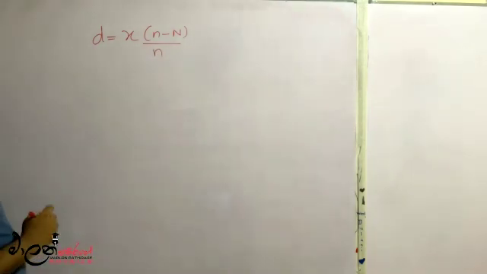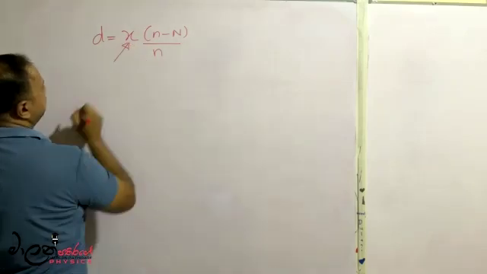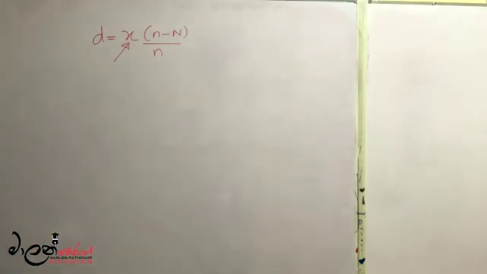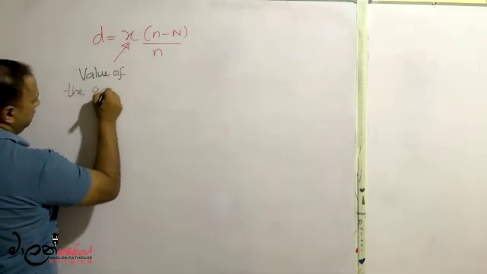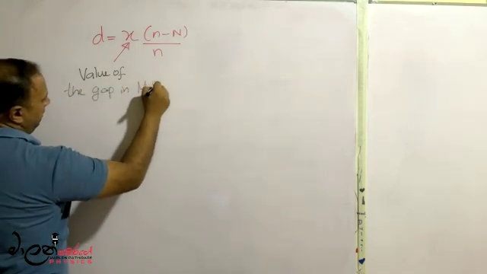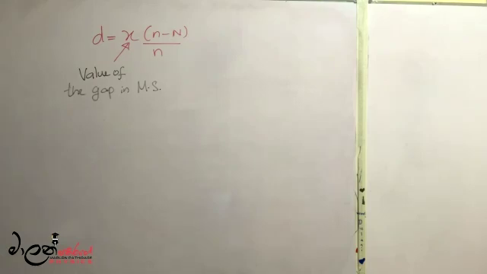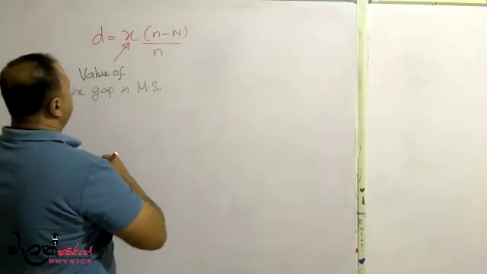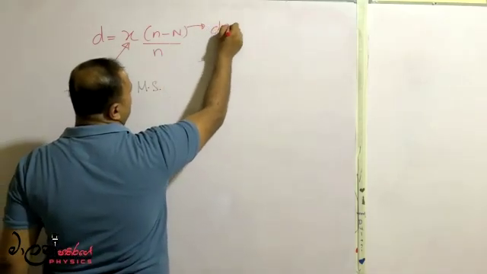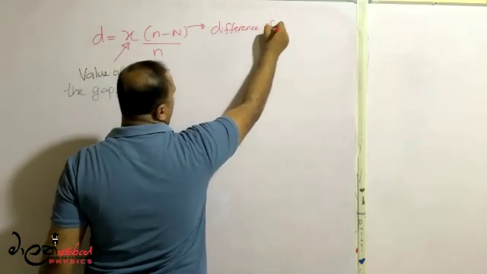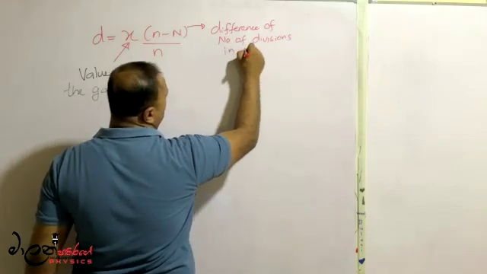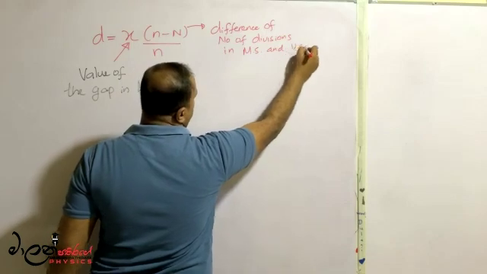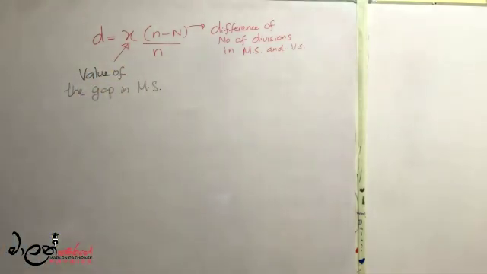In this equation, x is the value of the gap in the main scale, the difference of the number of divisions in the main scale.